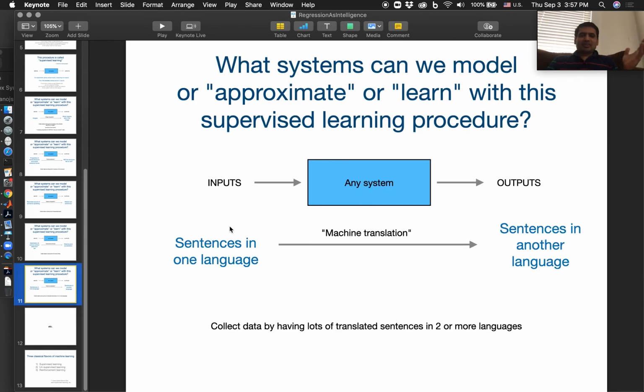Right? So if you want to be really grandiose, you can imagine saying the human brain, for instance, is just a system like this. If we could record human behavior in an incredible variety of circumstances, perhaps we can reverse engineer a human.